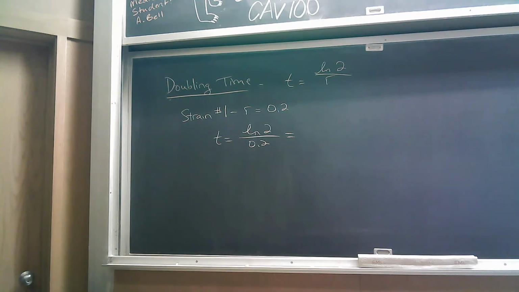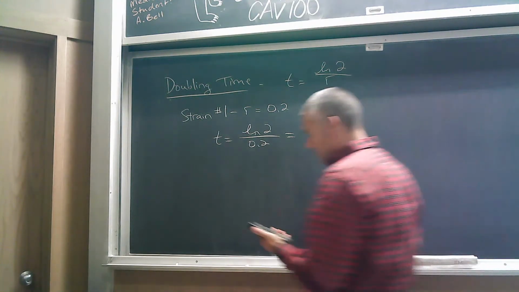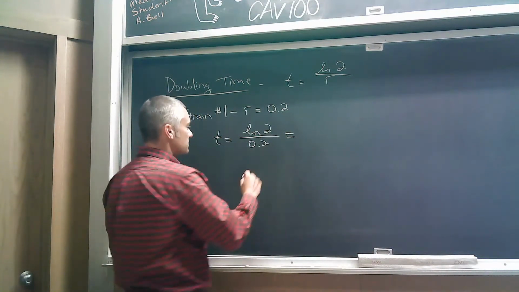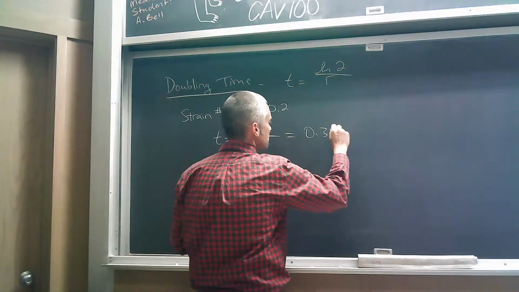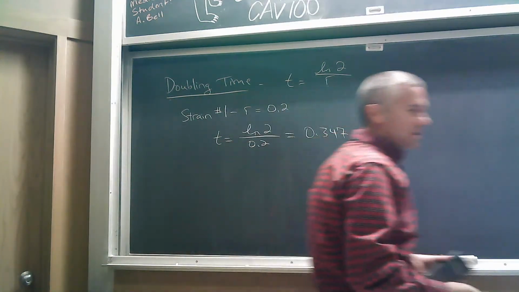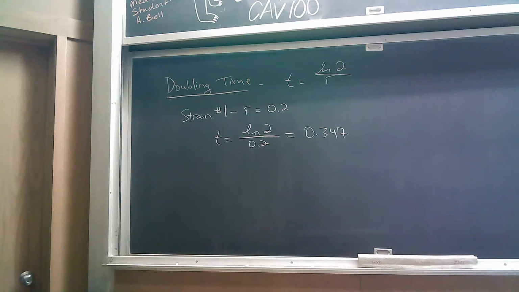Natural log of 2 divided by 0.2 equals 3.47. So this is probably in hours. Could be like in 8-hour increments, too.